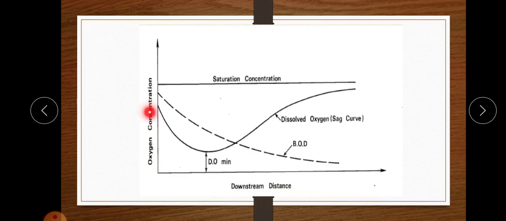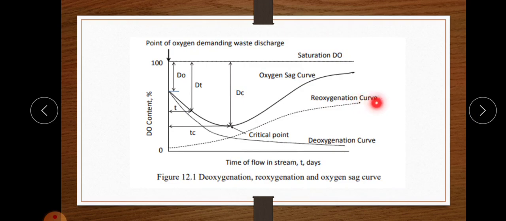Initially the dissolved oxygen content decreases. This figure explains the self-purification process of our stream: initially the dissolved oxygen content reduces and reaches the minimum value, dissolved oxygen minimum, and after that the dissolved oxygen content increases. This variation of dissolved oxygen with the downstream distance is explained by two curves, the reoxygenation curve and the deoxygenation curve.